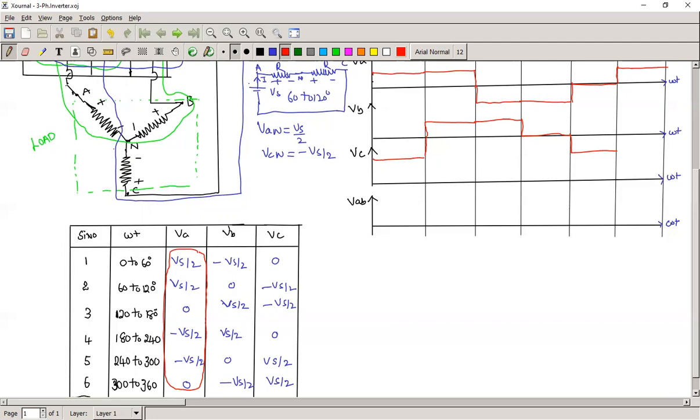See here, where we are getting the minus.